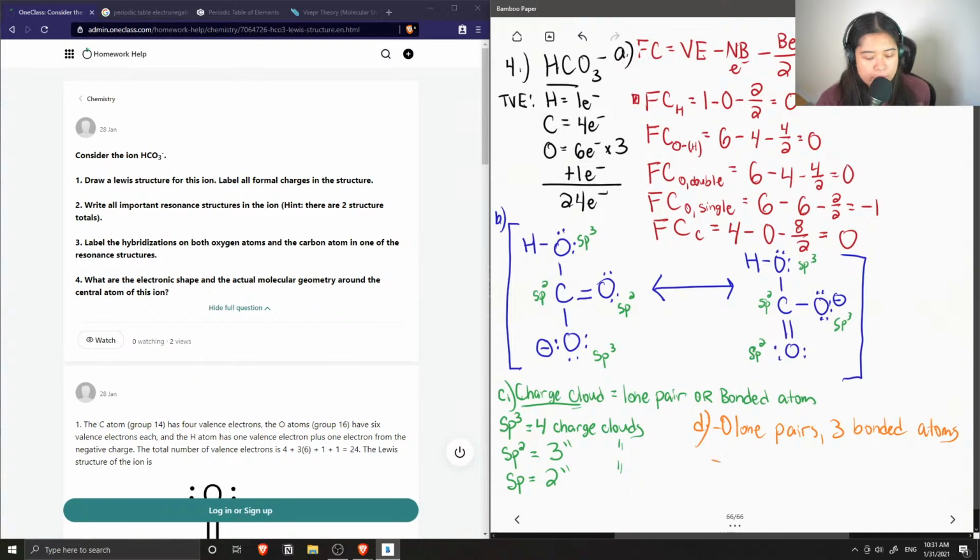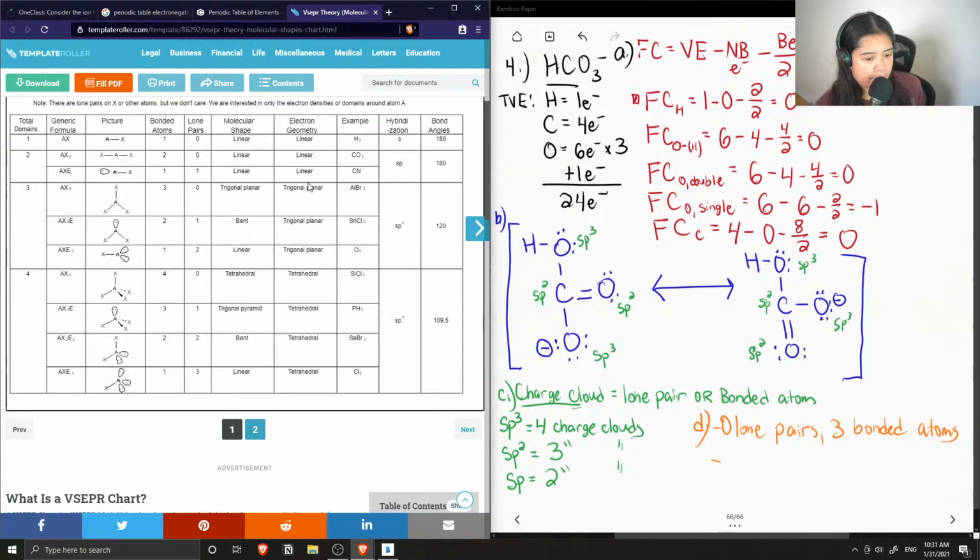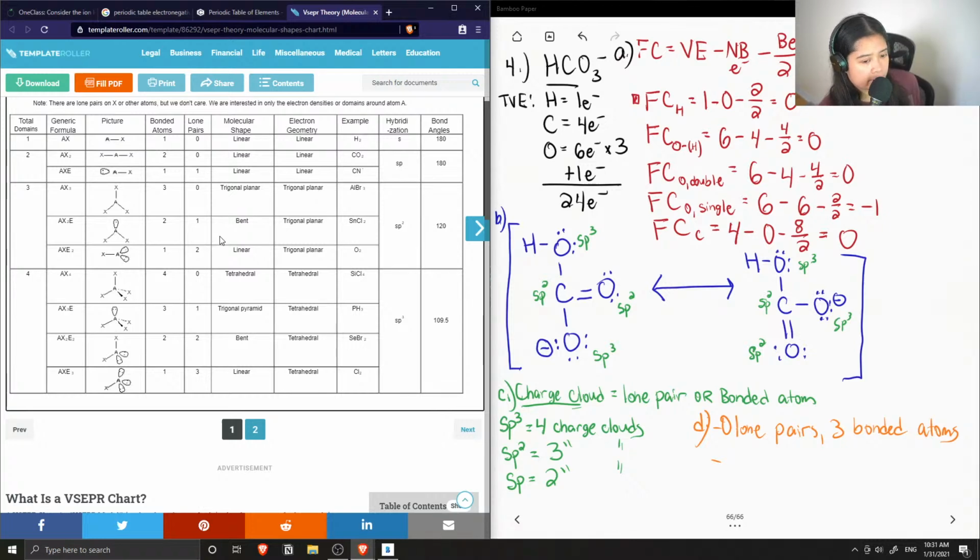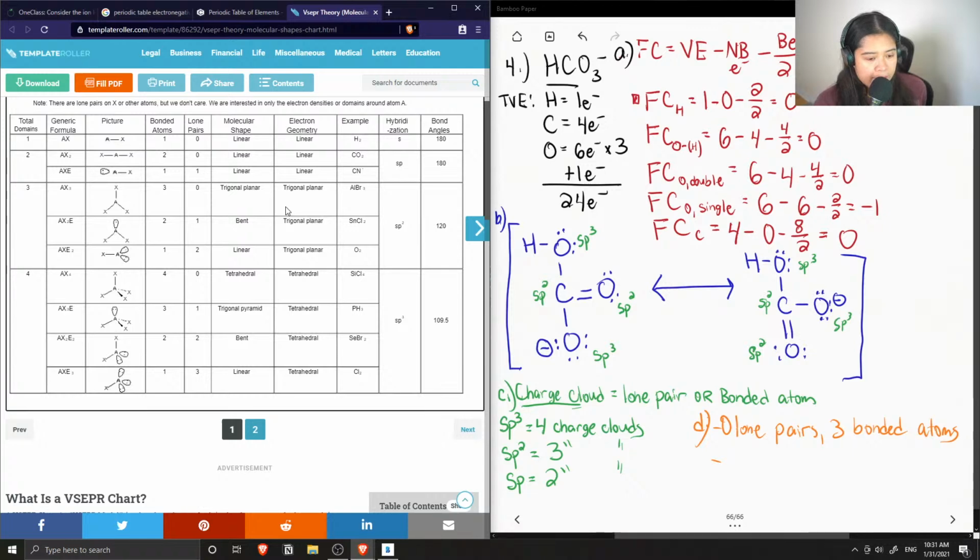So if we use a VSEPR theory table, this can tell us the molecular shape and electron geometry. So when we have 0 lone pairs and 3 bonded atoms, we have a trigonal planar molecular shape and electron geometry. I'm just going to write trigonal planar for both.